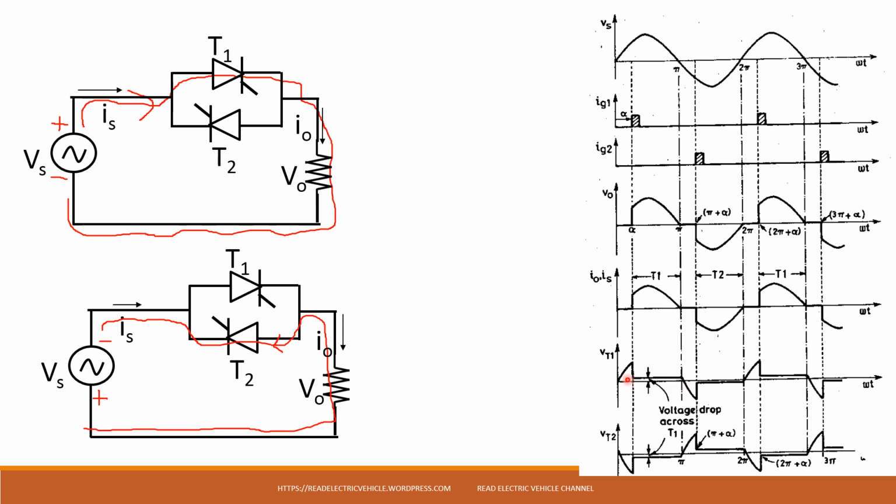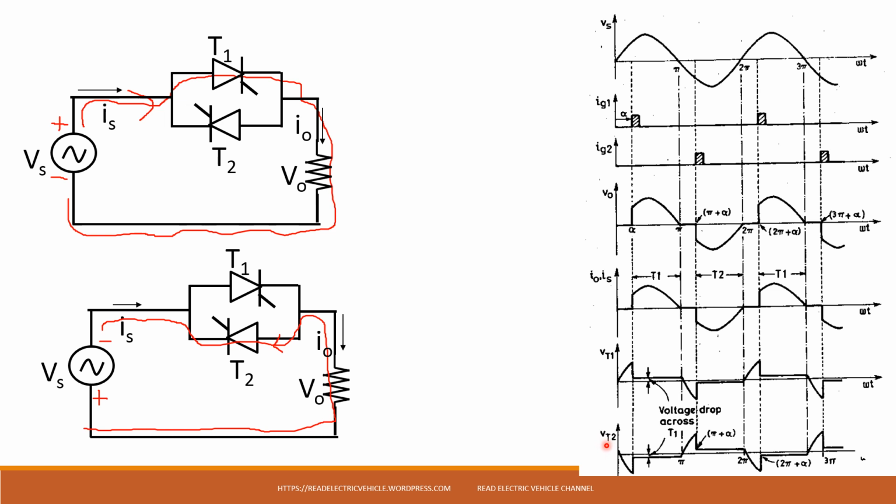And the remaining period it should follow the supply voltage. This part T1 is not conducting, so you follow the supply voltage. When it is conducting, it is almost 0, and in this period you should follow the supply voltage.